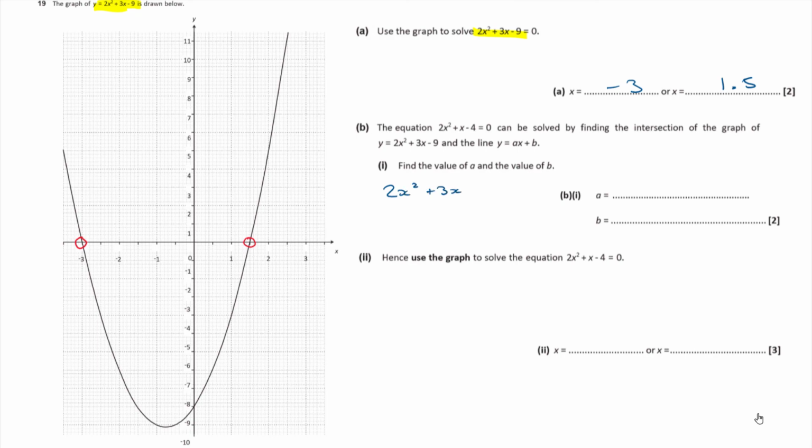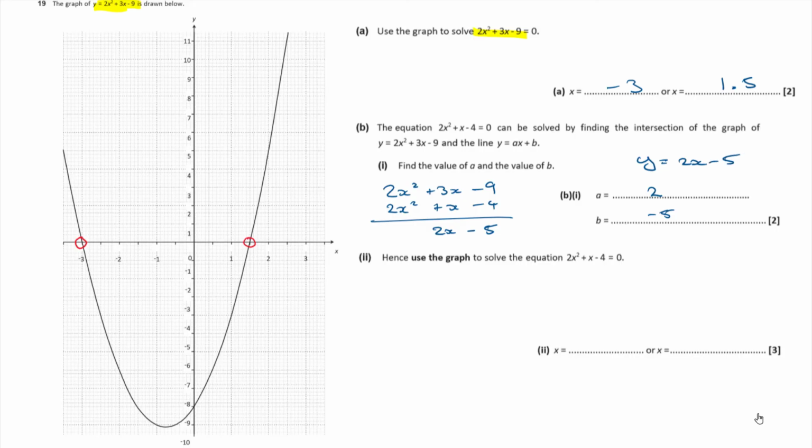So if I take 2x squared plus 3x minus 9, which is the equation of my graph, and subtract from it 2x squared plus x minus 4, that's going to leave me with 3x take away x is 2x, minus 9 take away negative 4 is negative 5. So it's 2x minus 5. So a is going to be 2 and b is negative 5, and the equation I want is y equals 2x minus 5.